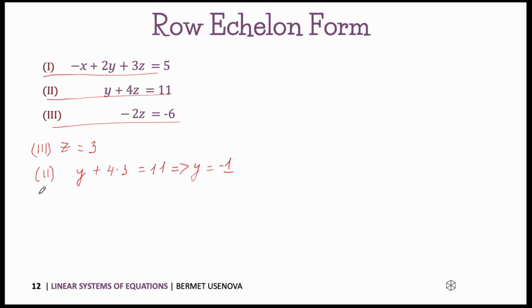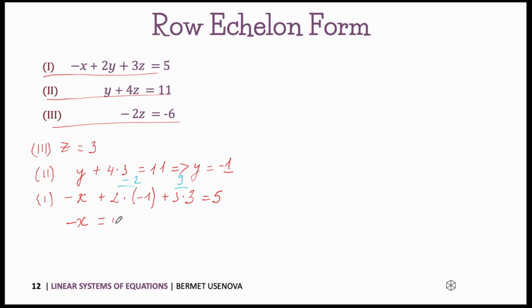And now we know two variables already, and we can put them in the first equation, which is minus x plus 2 multiplied by minus 1 plus 3 multiplied by 3 equals 5. And here we have minus 2, and here we have 9.